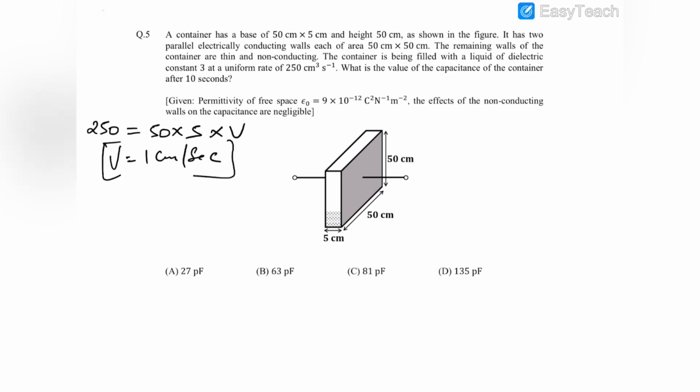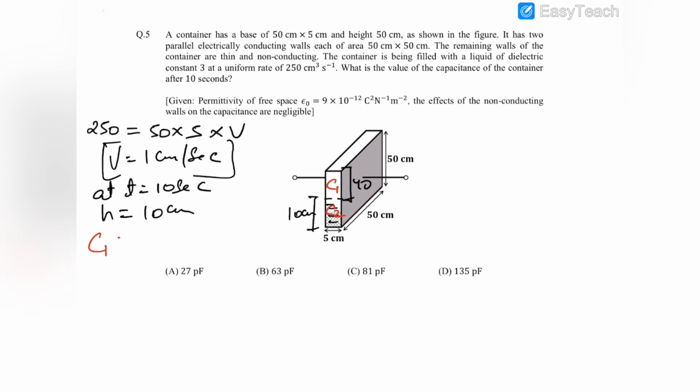Okay, now after 10 seconds, at t is equal to 10 seconds, the height of dielectric would be 10 centimeters, and therefore let's suppose this is the height and this is 10 centimeters, and therefore the remaining height would be 40. So there would be two capacitances, this would be C1 and this would be C2.